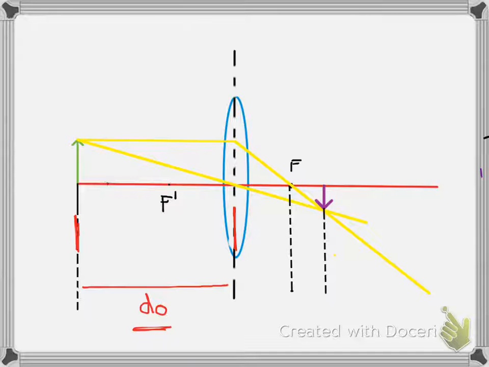Then on the other side, we can mark from, again, the center of the lens to the image. This is going to be referred to as dI, and that's the distance of the image from the center of the lens. So remember, everything's based on the center of that lens, and then we move out from there to either side.